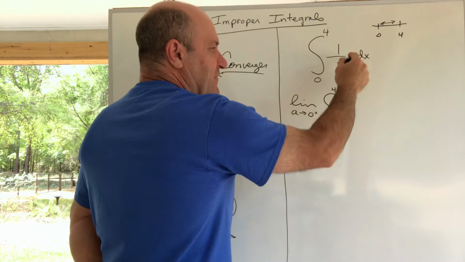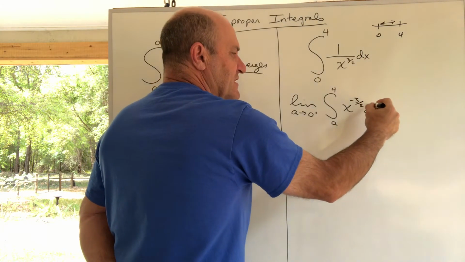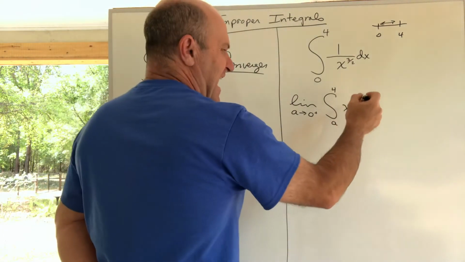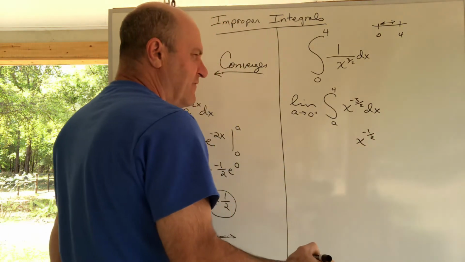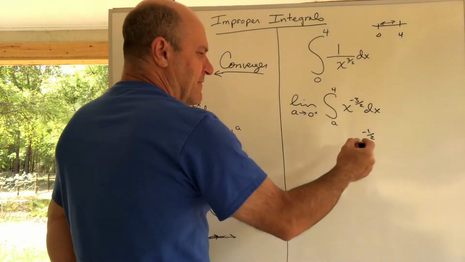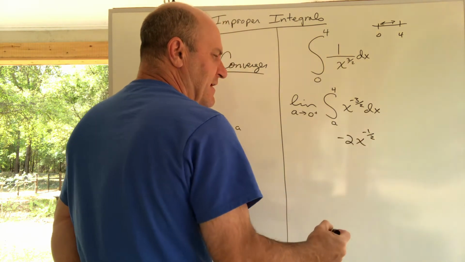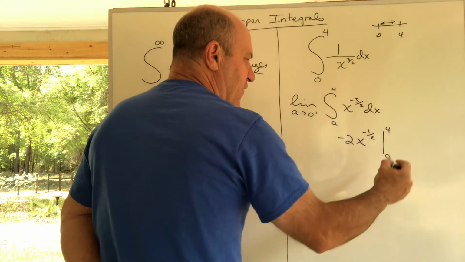All right, so now I have to integrate this. I'm going to move it up and call it x to the negative 3/2, and then of course we'll do a power rule on this problem. Add 1 to the power, that's x to the negative 1/2. Divide by that -1/2. I like to say multiply by -2. I try to evaluate this from a to 4.